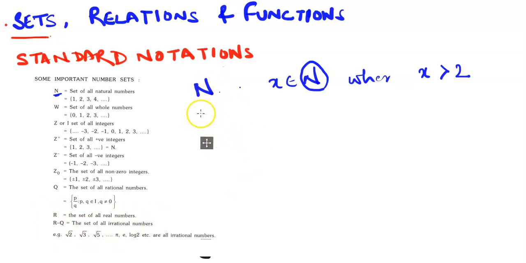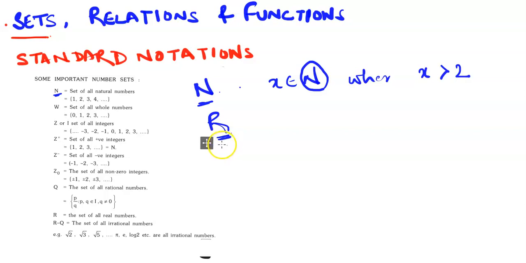So the most often used terms are N and R, natural numbers or real numbers. These are the terms you will come across most often in your mathematics solutions. As you advance in high school mathematics, these are the two symbols that you would see a lot.